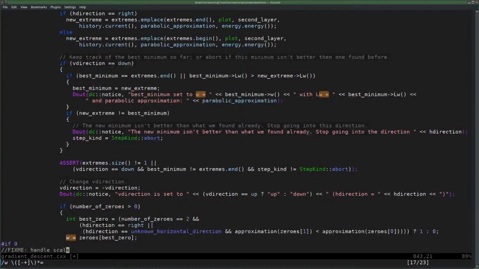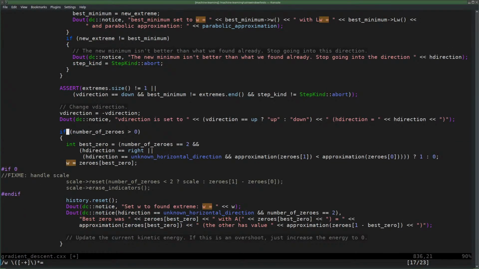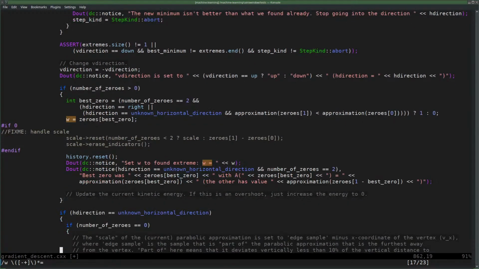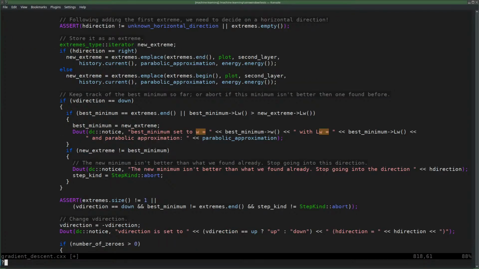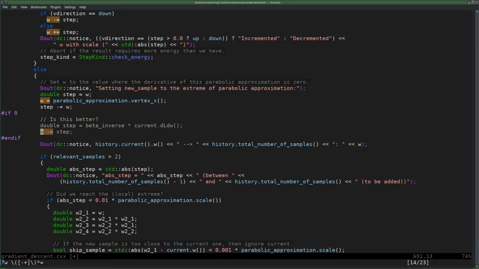So this is, we do not get here because you can't find any zeros. Yeah, so in this case W is still equal to this value. That's not current.